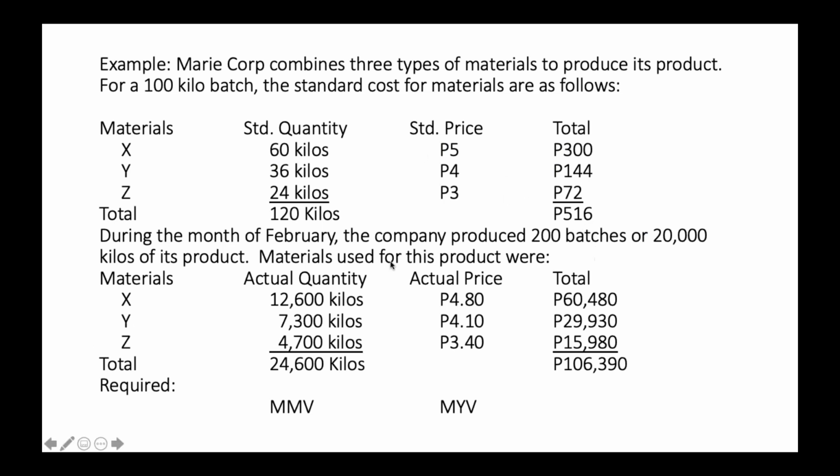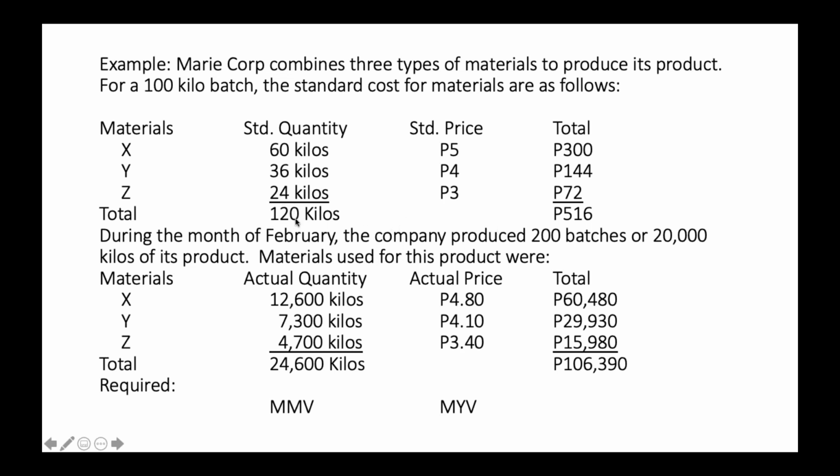Okay, now based on our standards, we have to use 120 kilos for every 100 kilo batch. Okay, now if we were able to produce 200 batches, that's 120 times 200, right? And that is 24,000.